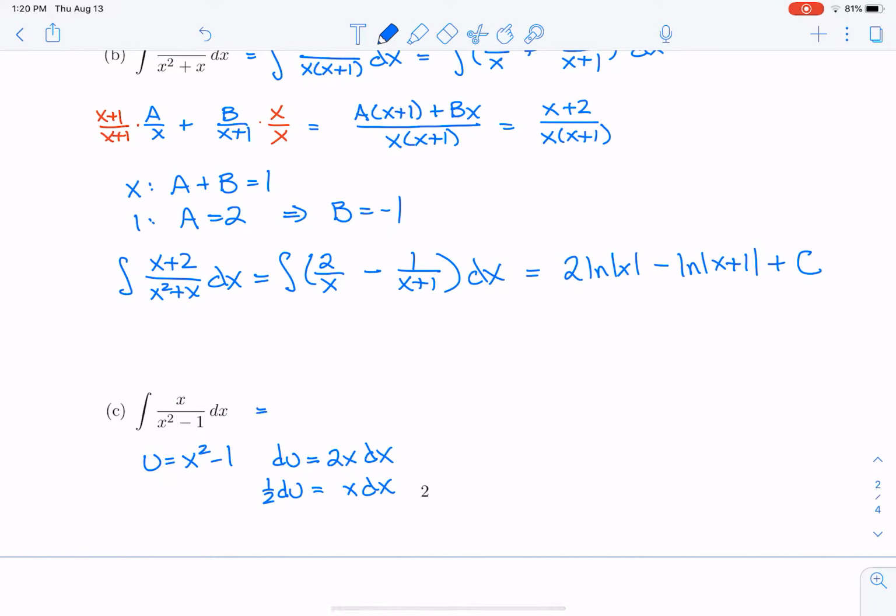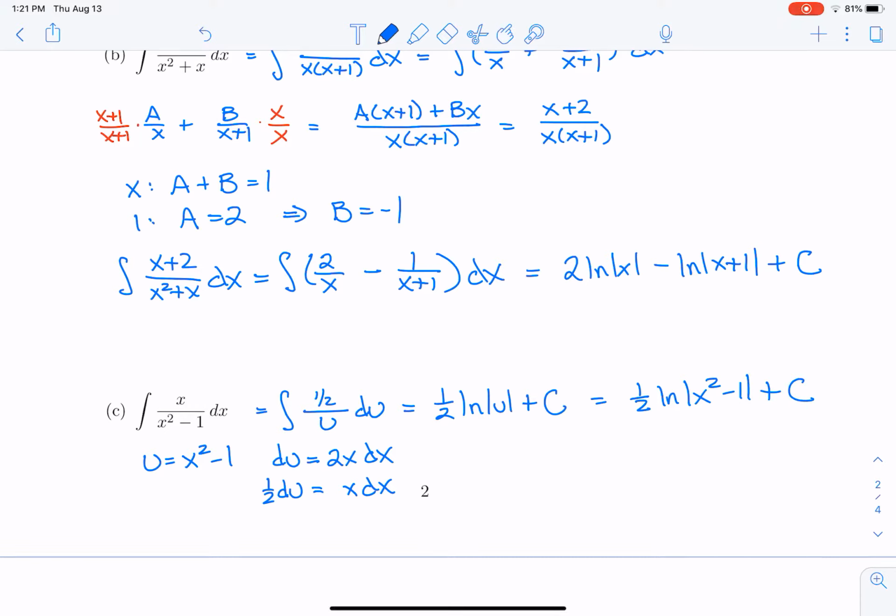Okay, so this becomes the antiderivative of 1 over u, and then the x dx becomes 1/2 du. Oh, this is much simpler because then this is going to become 1/2 natural log of the absolute value of u plus c. And then if I substitute in for u, it's going to be 1/2 natural log of x squared minus 1 plus c.